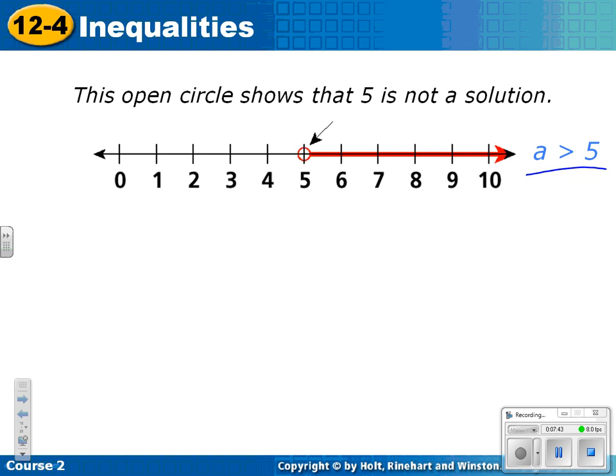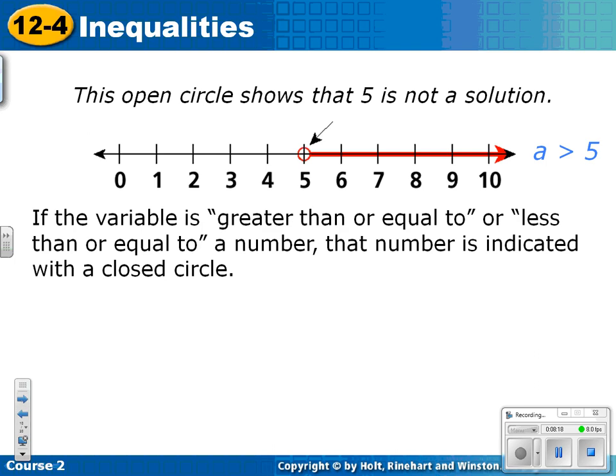Now notice, this one does not include 5. That's why it's just a circle around 5. If I was to have a little line underneath that, then my circle wouldn't be a circle, it would be a dot. And we would include 5. That little dot tells us we include 5. The circle tells us we do not include that number. Okay?